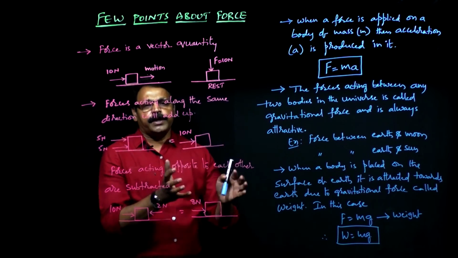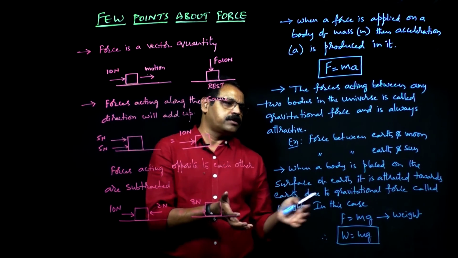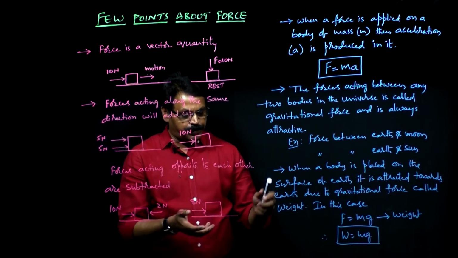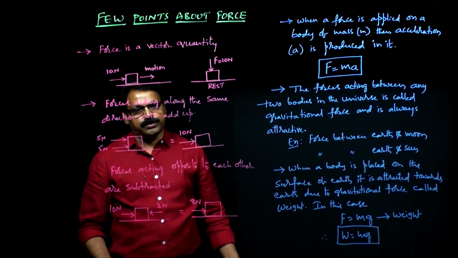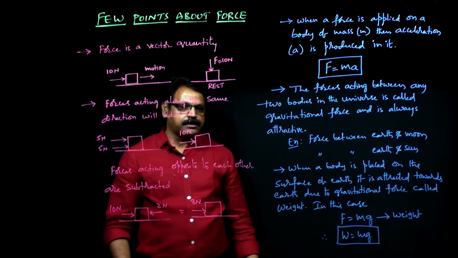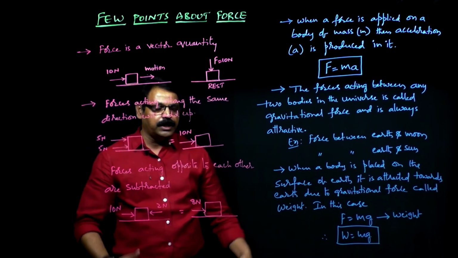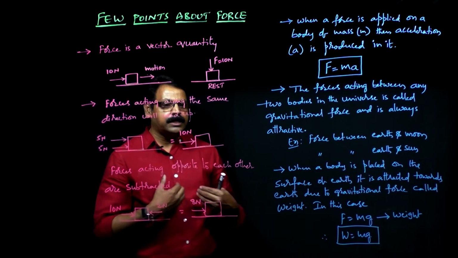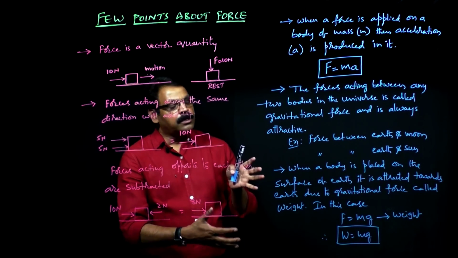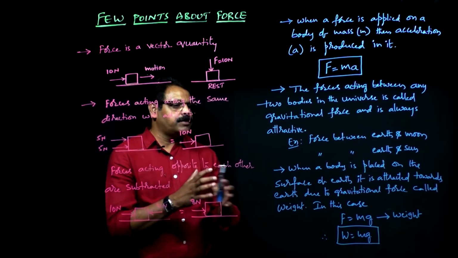Just like when you are keeping a body on the surface of the earth. Suppose I am standing on the ground. This is also because of gravitational force, because the earth's surface is pulling me towards it. That is the reason I am able to stand, meaning there is a force acting between the ground and me. That is a gravitational force.